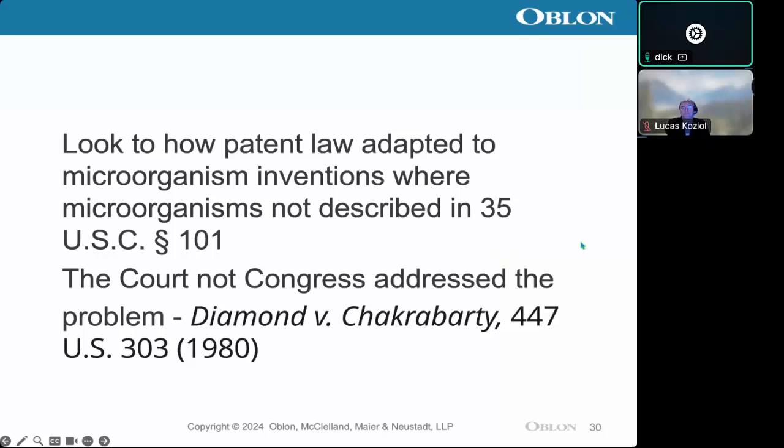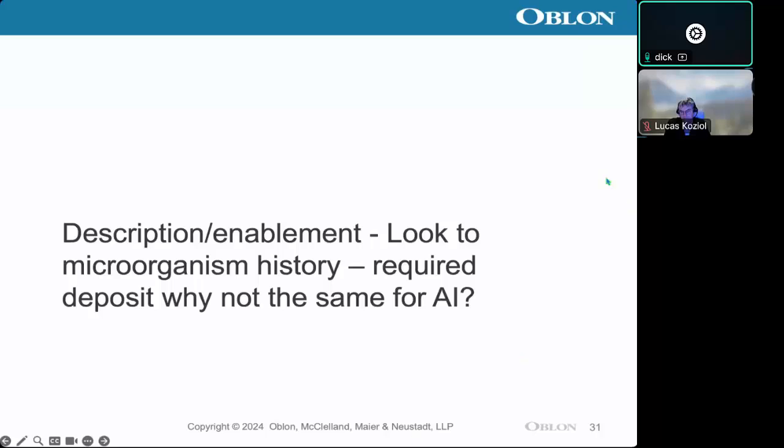Well, the problem was not addressed by Congress. It was addressed by basically the courts and by inventors, where they would deposit their microorganisms, where after the patent had issued, and certainly after it had expired, the microorganisms became available to the public to use. And one of the things we should think about for AI is we probably could do the same thing. Why not?